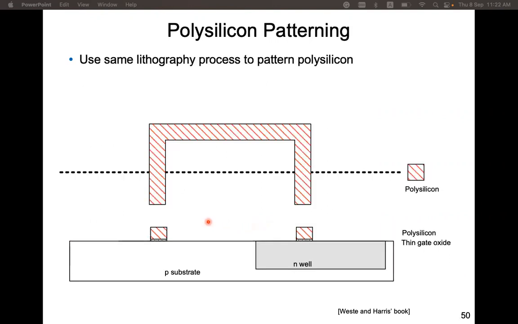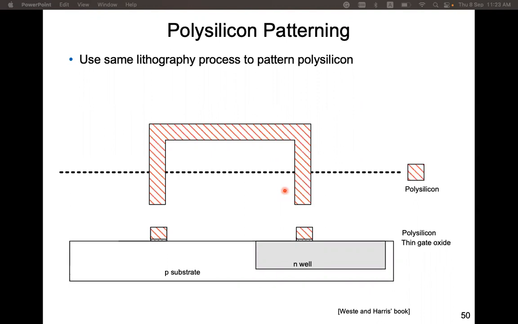So we etched away those regions where we don't want polysilicon. This is the top view. Then after this process, silicon dioxide, polysilicon region is formed for the gate.